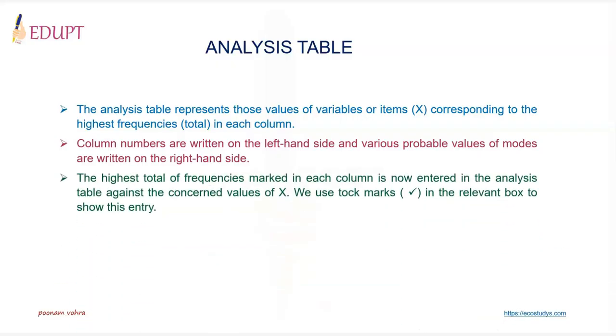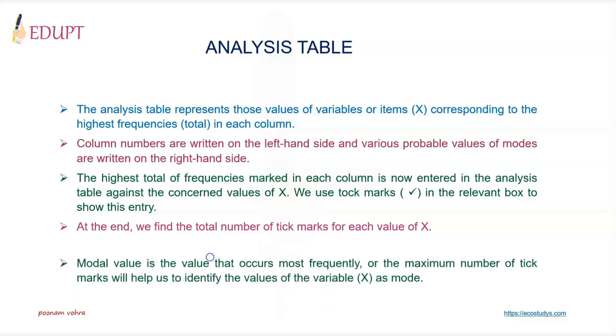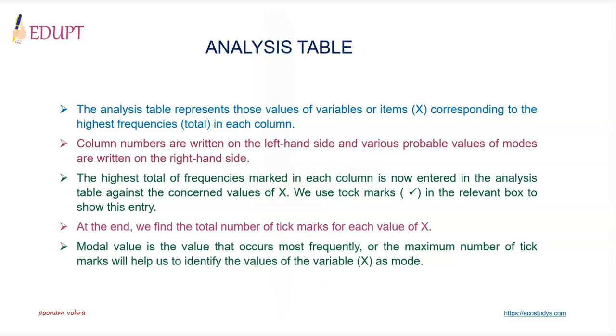The highest total of frequencies marked in each column is now entered in the analysis table against the concerned values of x. We use a tick mark in the relevant box to show the entry. At the end, we find the total number of tick marks for each value of x. The modal value is the value that occurs most frequently, or the maximum number of tick marks helps us to identify the value of variable as mode.